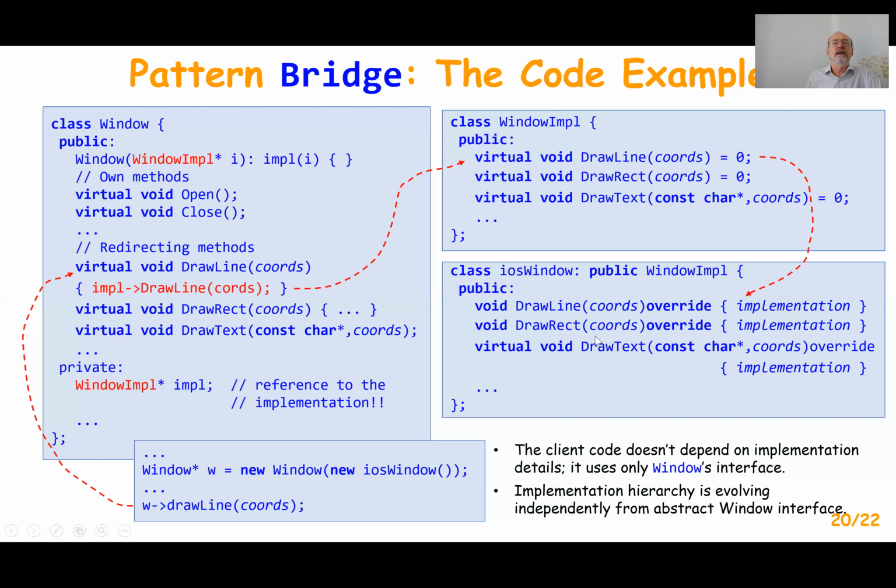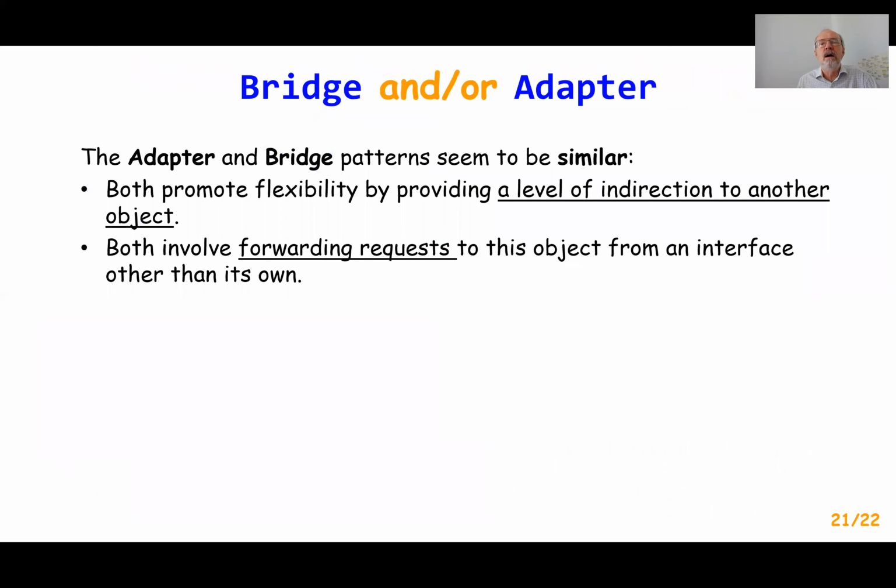Probably you didn't understand all the details. I recommend you look at this slide, and think about it on your own again. And another point: this is just a scheme. Many details are omitted here because of the lack of space. But it illustrates the bridge pattern very well, I think.